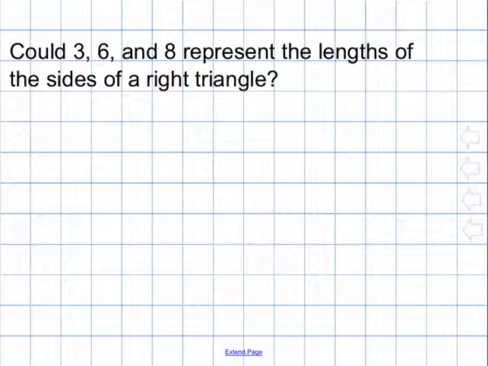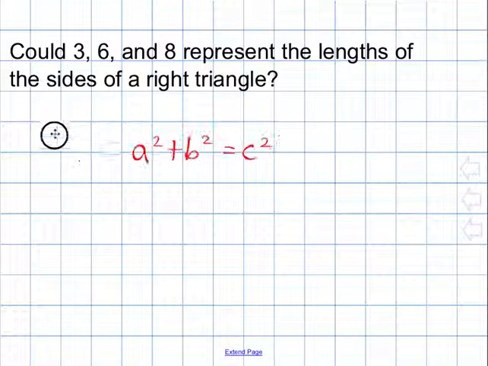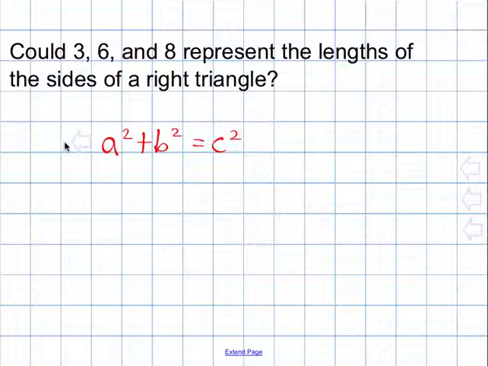We can also use the Pythagorean theorem to determine if the triangle is a right triangle or some other triangle. And in this case, the question is: could 3, 6, and 8 represent the lengths of the sides of a right triangle?